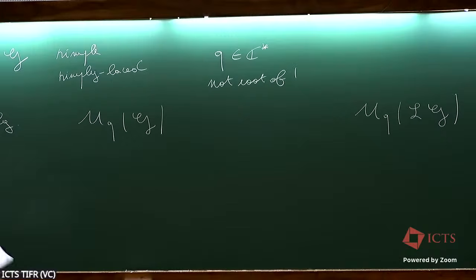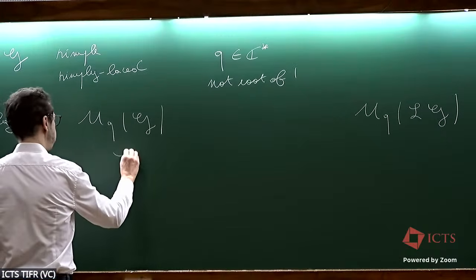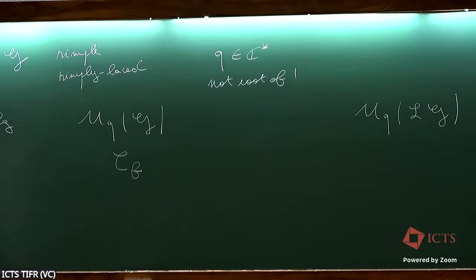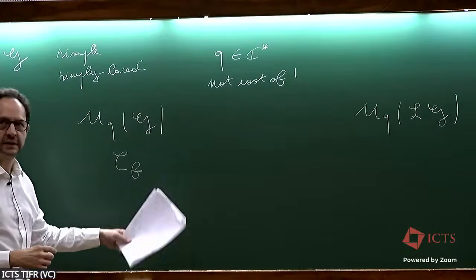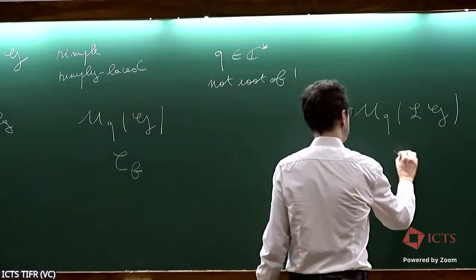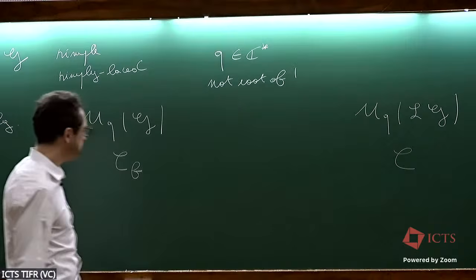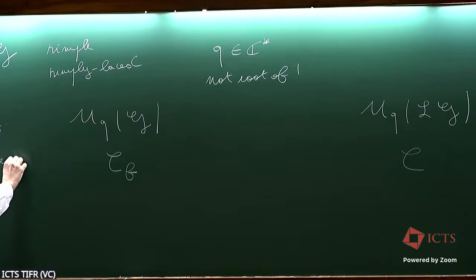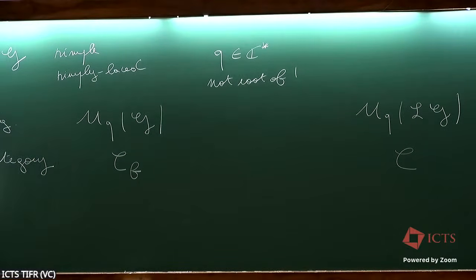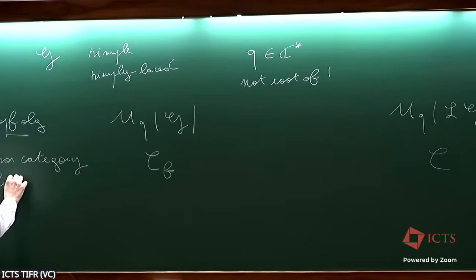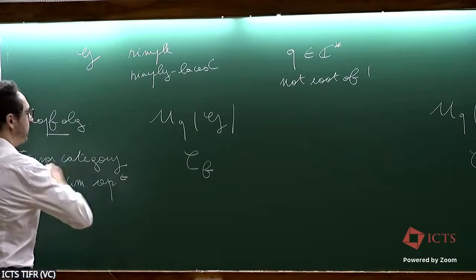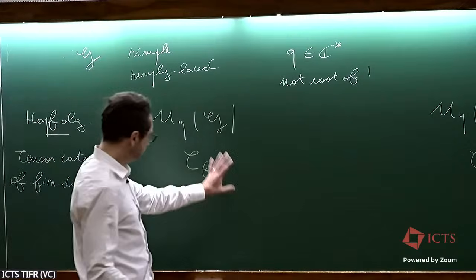In both situations, we looked at the category of finite dimensional representations. Here I denoted it by C_F, and here we have category C. So these are tensor categories of finite dimensional modules.